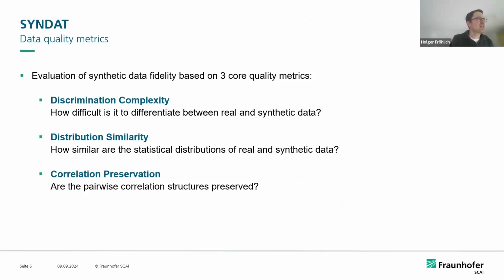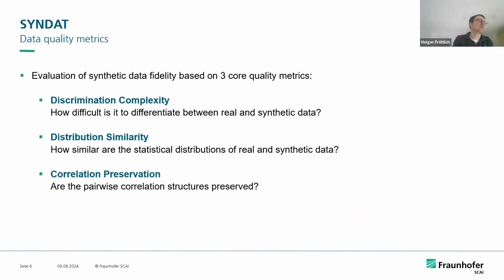So let me dive a little bit deeper into the data quality metrics that we have implemented in Syndat. These comprise three different aspects. On one hand, there is the question of how far we can differentiate between real and synthetic data in a multivariate manner, which we call discrimination complexity.